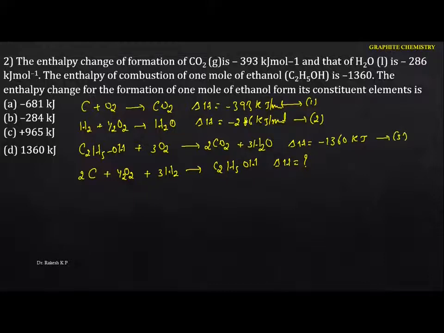By using these 3 equations, we come to know how we are going to get the formation of ethyl alcohol. What you have to do: here we are engaging 2 carbon and here we are engaging 3 hydrogen.